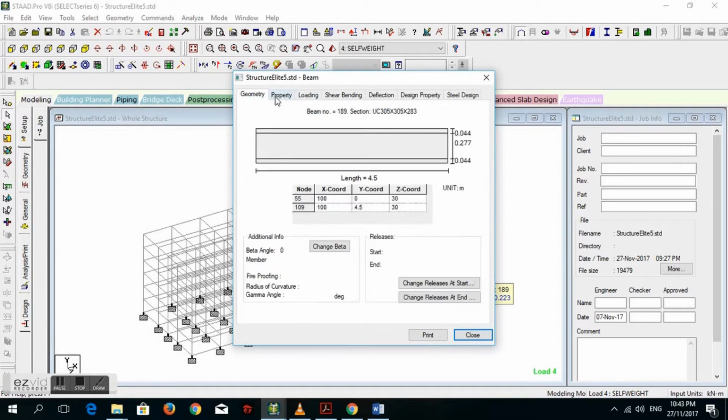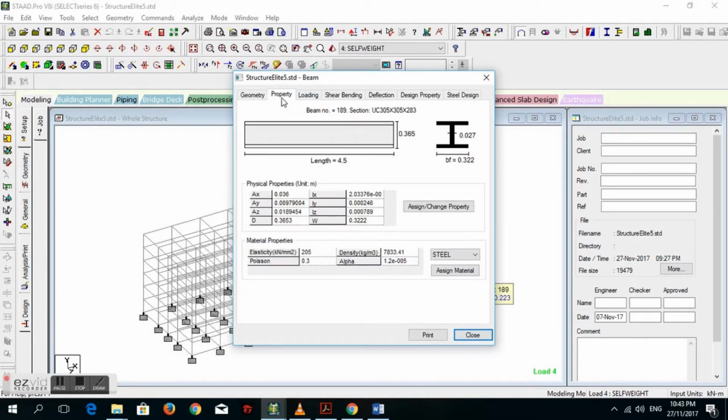In class, we were taught to use the American standard, right? But we don't use American. We are all British. Same goes for elasticity, 205, and 7833.41. The reason why we are standardizing all these beams to British is to ease the process of welding of the beam.